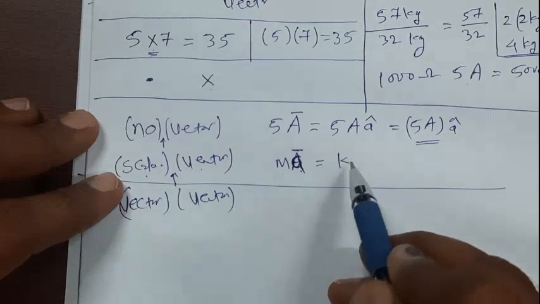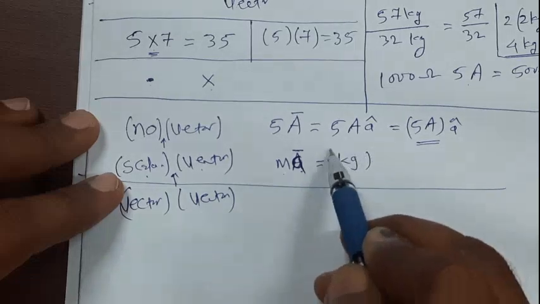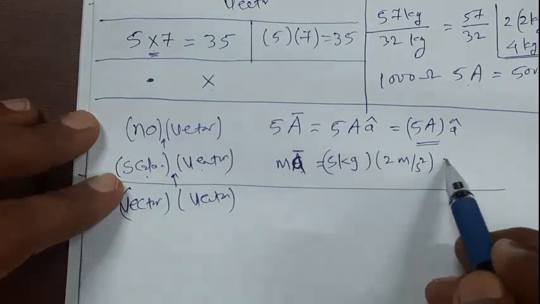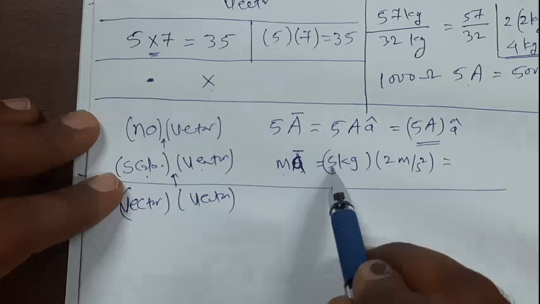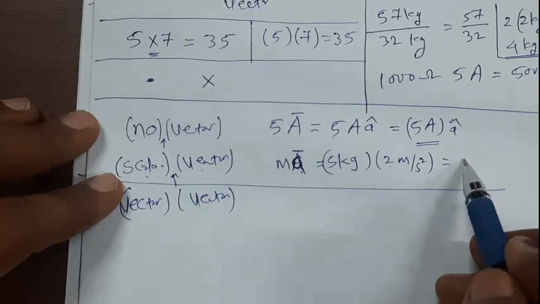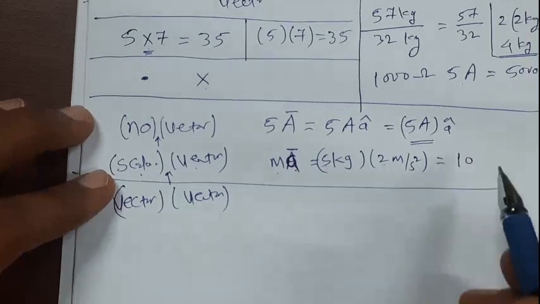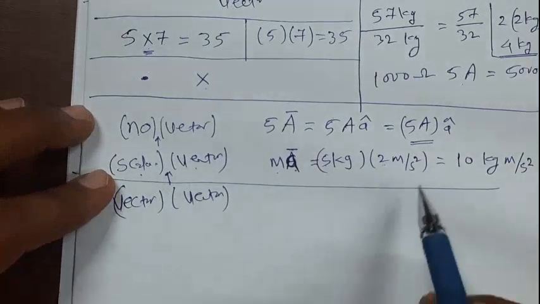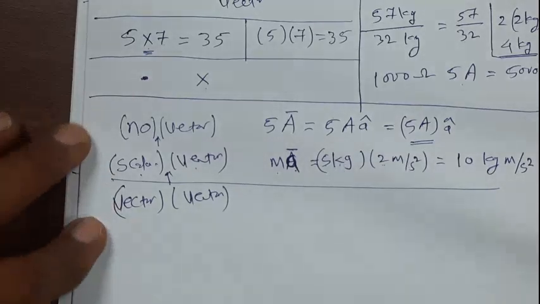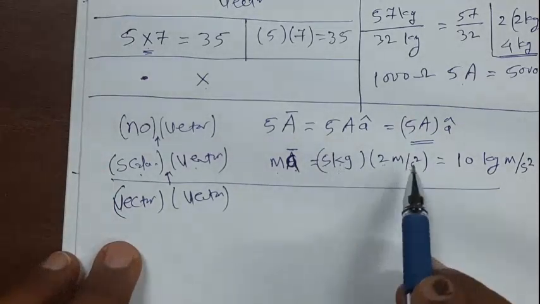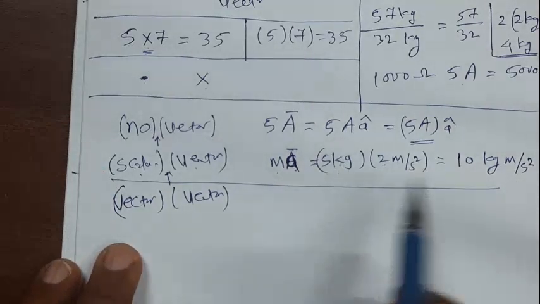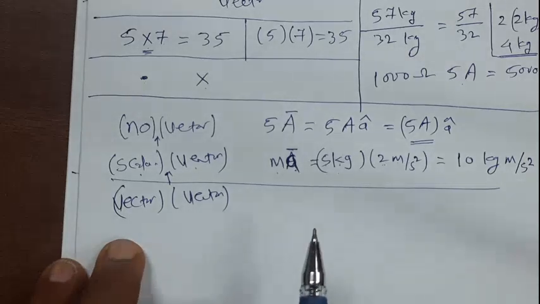Therefore, it is 5 kg into 2 meter per second square. The answer is the product of the two magnitude terms, so it is 10, and then I write kg meter per second square. I combine the units together, kg into meter per second square. Therefore, we are aware of this type of product too.